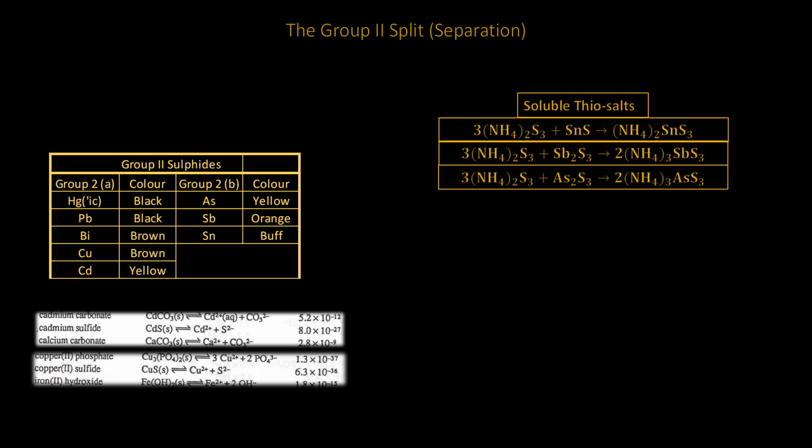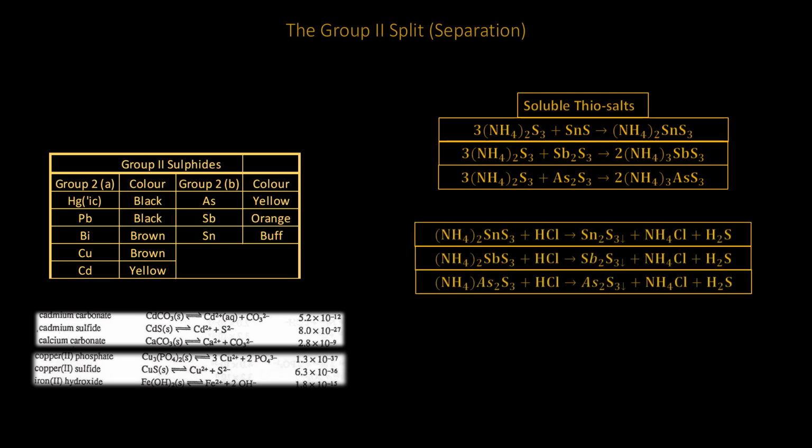In addition to mercury, bismuth, copper, cadmium, as well as lead are not soluble in ammonium polysulfide because of their very low KSP values. An example would be cadmium, which has a KSP value of 8.0 times 10 to the minus 27. After decanting, adding hydrochloric acid to the filtrate reprecipitates the tin, antimony, and arsenic as sulfides.